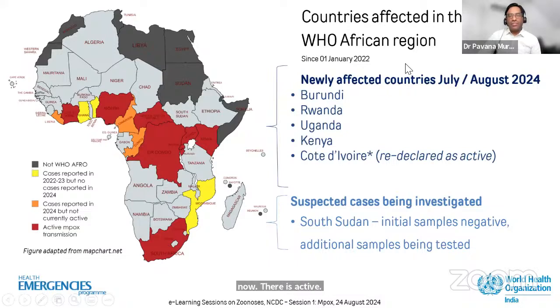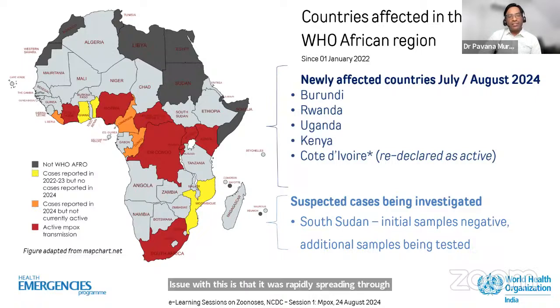But since July, August, a new clade, 1B, has come. The original one became 1A, and then we had the new clade, 1B. The issue is that it was rapidly spreading through sexual contact.